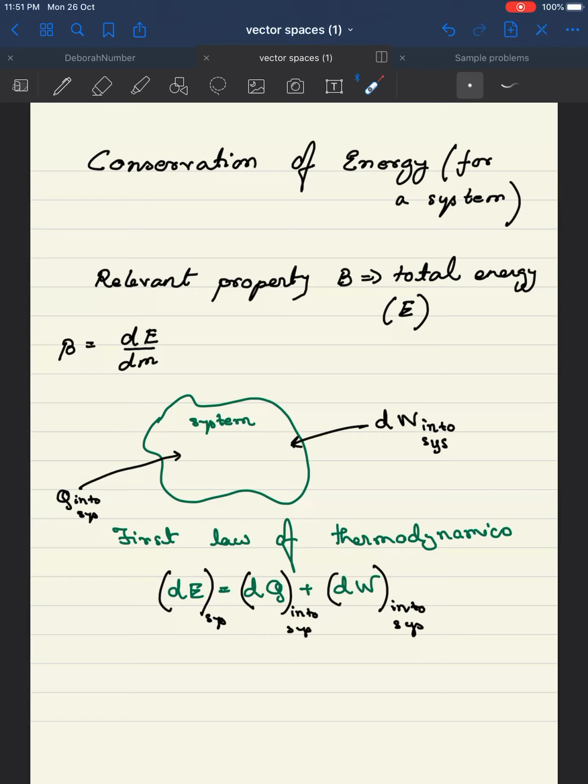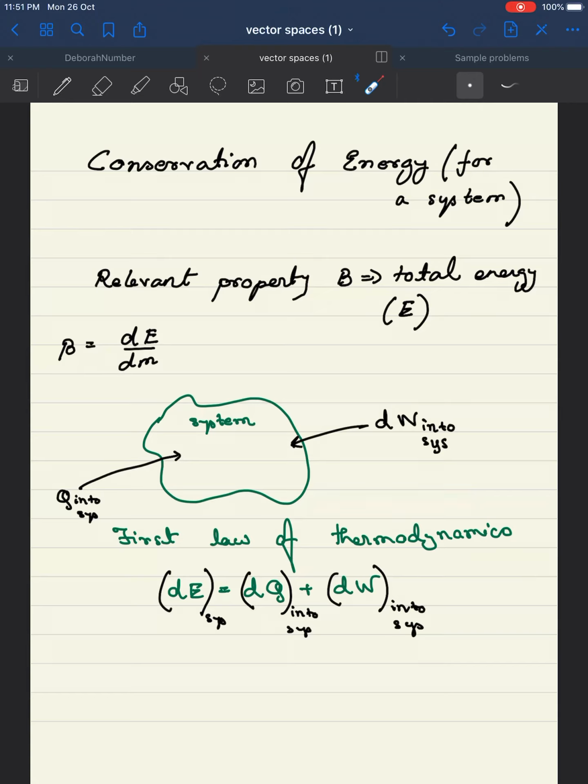So here, as I said, this is the important relationship that we have to start with, which is the equation that is valid for a particular system. Now, by the way, the reason I specifically wrote "into the system" and "into the system" here is because in many books, the way they define heat transfer and the way they define work, sometimes they define it such that it is the work being done by the system onto its surroundings, so then the sign can change, right?